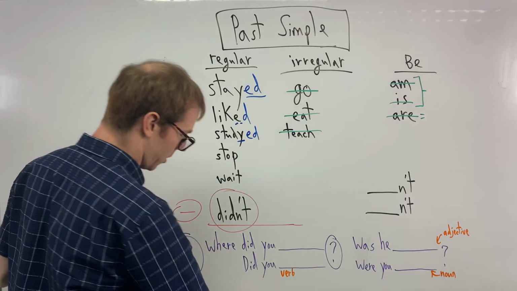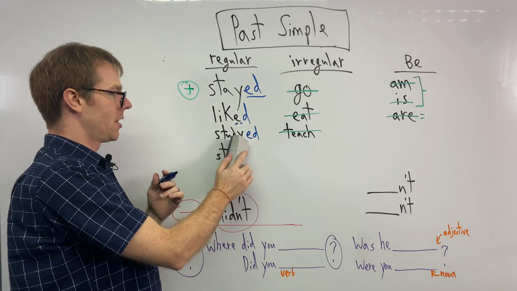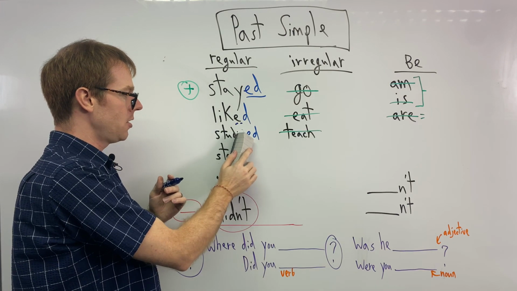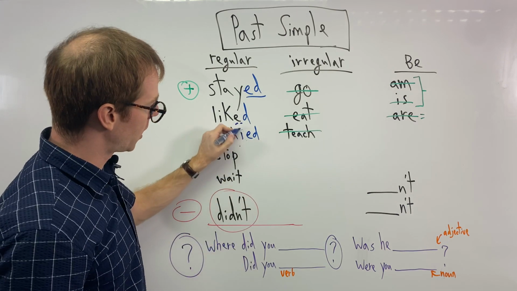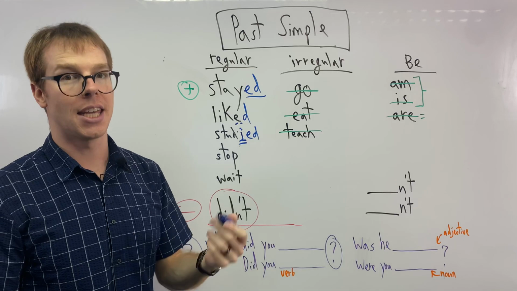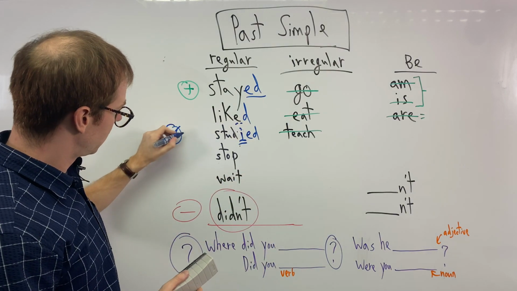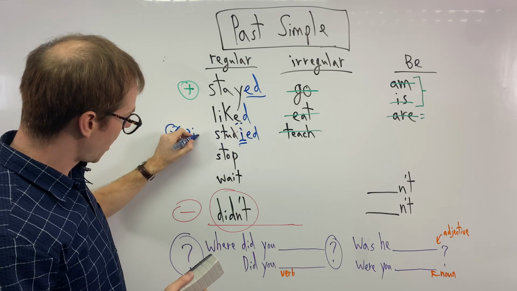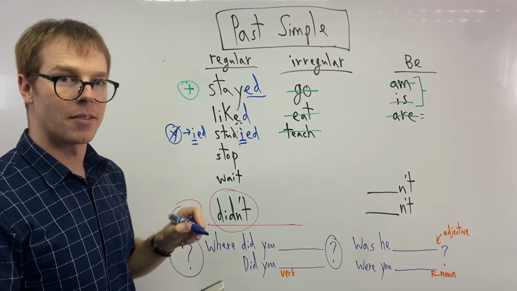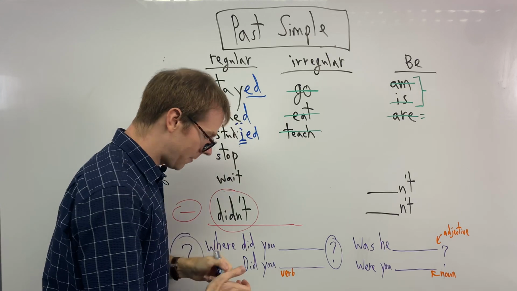We remove the Y, we change the Y into an I and then ED. So always just remember for studied: Y, change to I, then ED. And you can see that difference there.